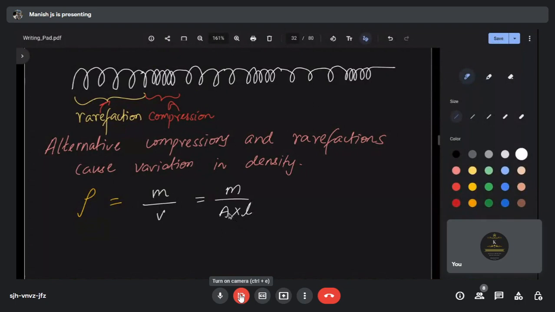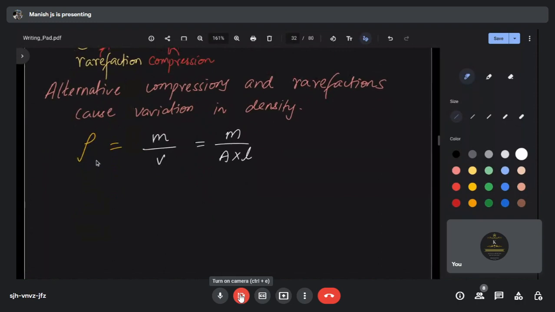If you look at the length of the compression, the rarefaction's length is greater. So that is the reason you say the compression has a greater density region. So the density of compressions is greater than the density of rarefactions.